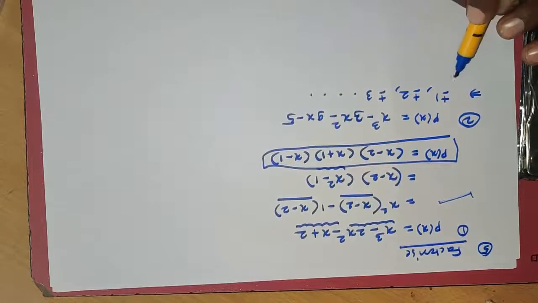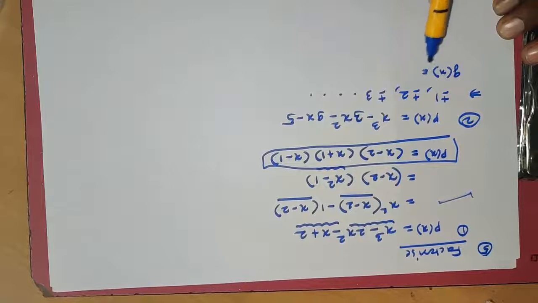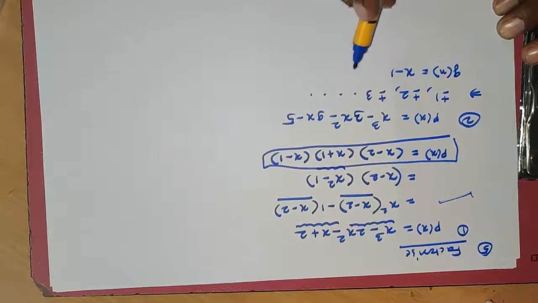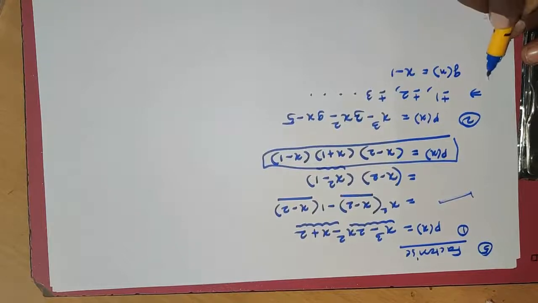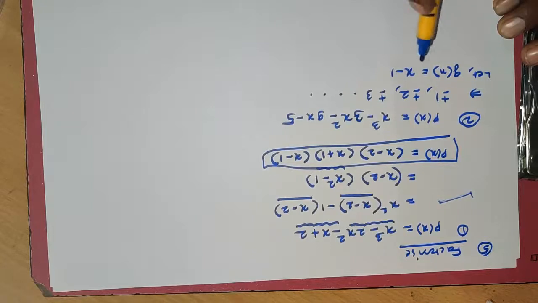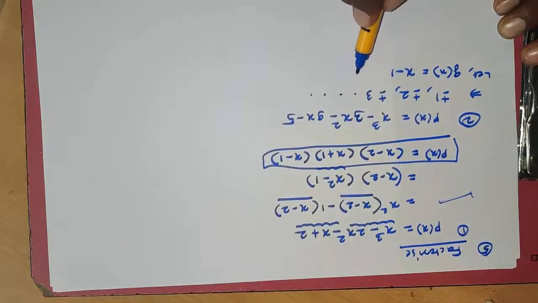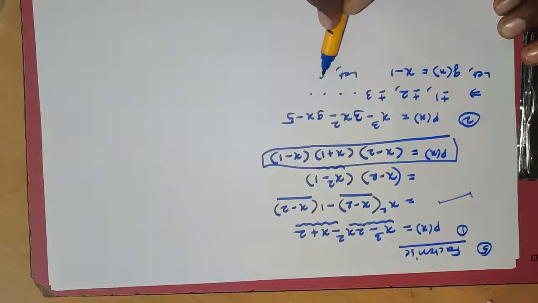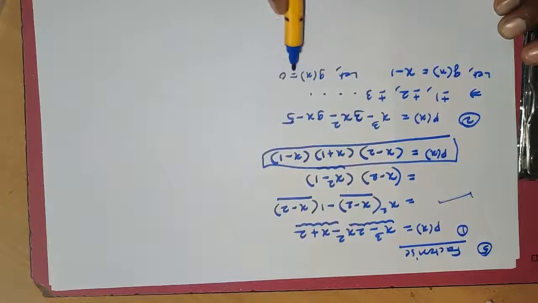So here I will consider g of x is equal to x minus 1. Here trial and error, we have to try and find out whether that is correct or not. So let g of x is equal to 0.